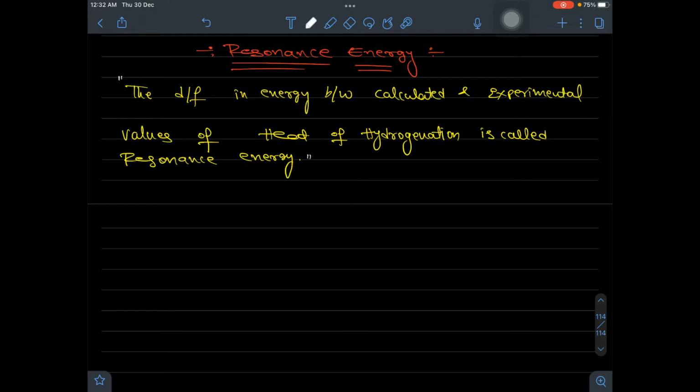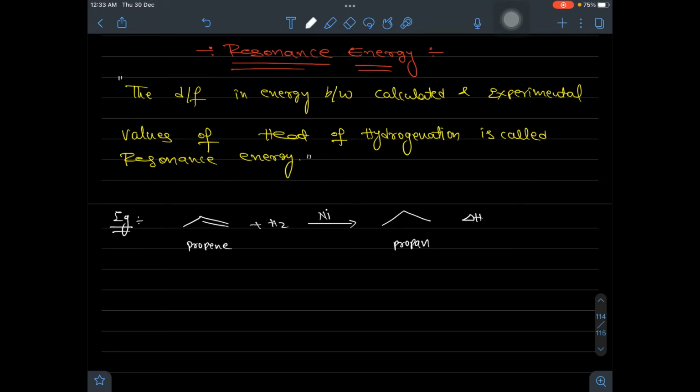One example we will see, so that you will understand a little better. Consider propene hydrogenated in the presence of nickel, and it is converted into propane by reduction.